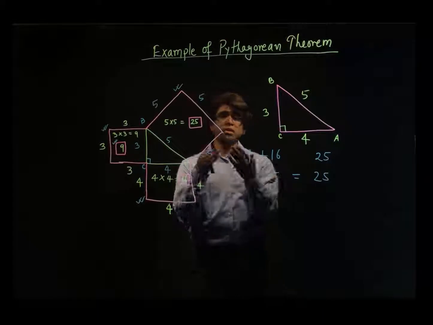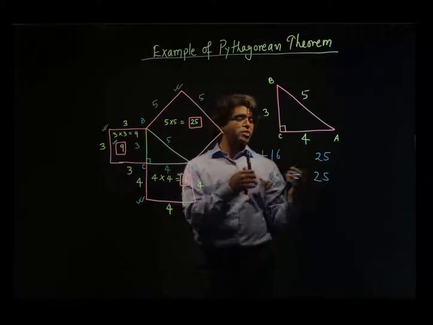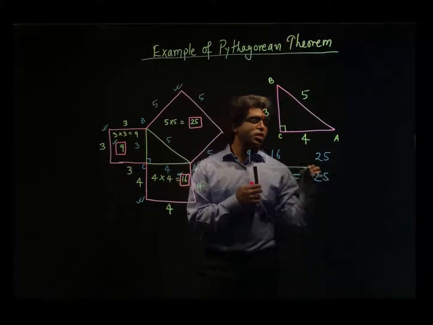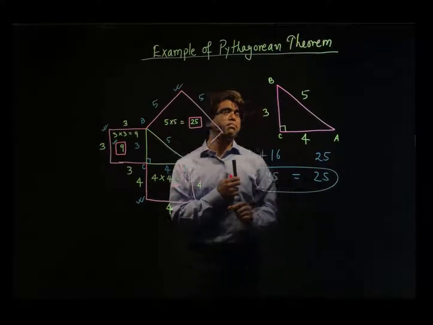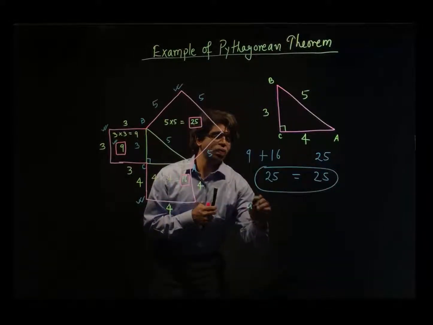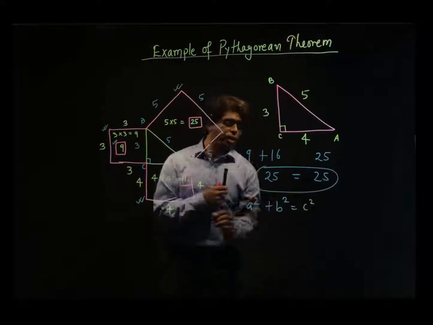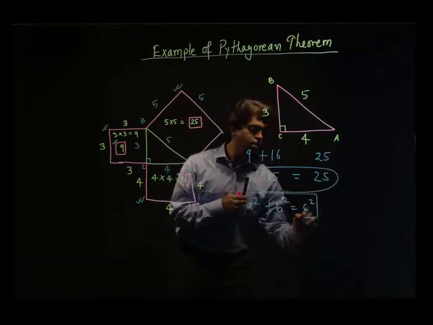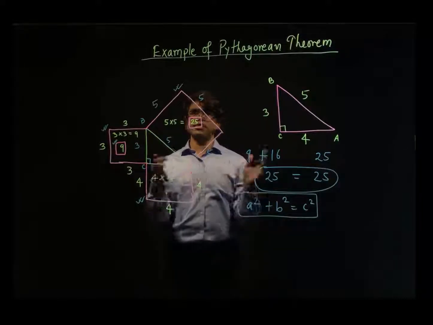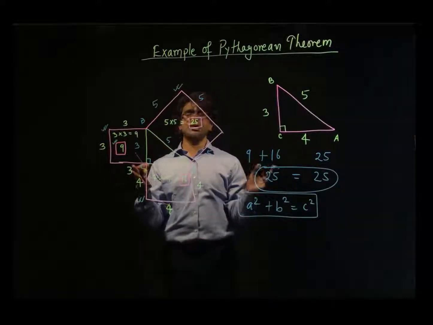Then we can say 25 is equal to 25, which simply means that a squared plus b squared is equal to c squared. And this was our Pythagorean theorem. And this is how we can use the Pythagorean theorem.